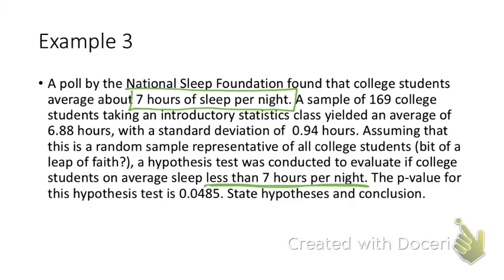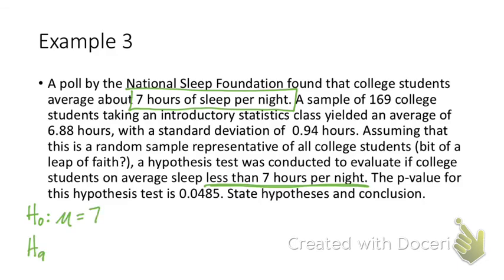Go back to your 8.1a knowledge. A hypothesis is a statement or claim about a property or characteristic. So for my hypotheses, the null hypothesis would be mu equals 7.